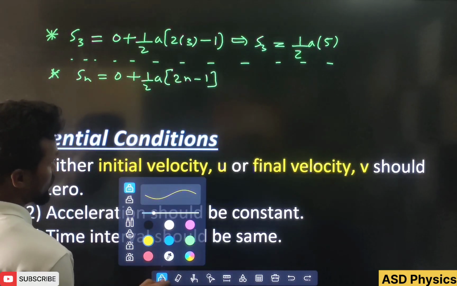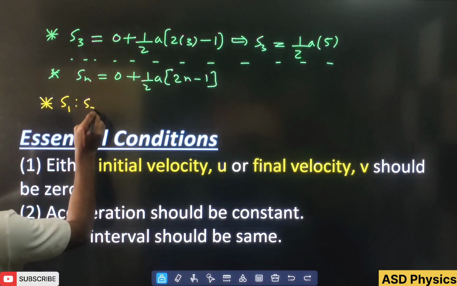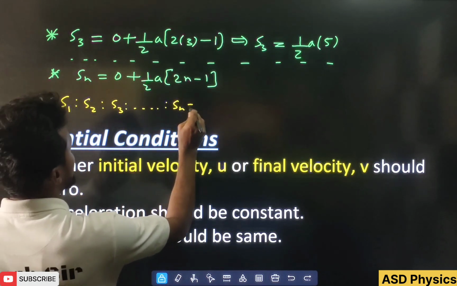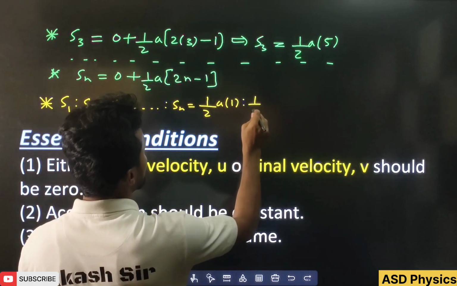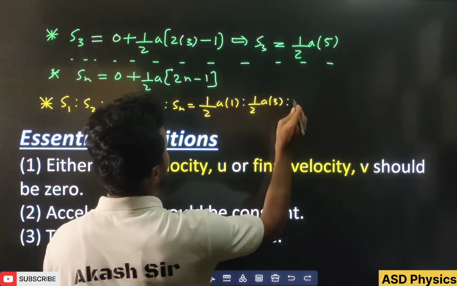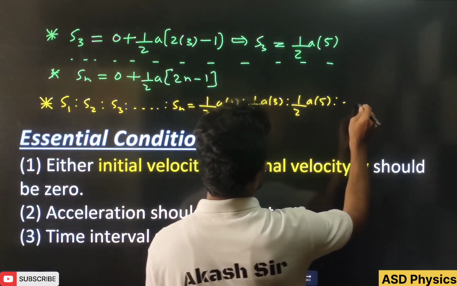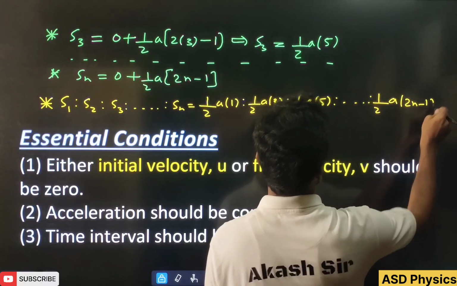Now you know S1, S2, S3 and so on up to Sn. So it will be (1/2)a × 1, (1/2)a × 3, (1/2)a × 5, and so on up to (1/2)a(2n − 1).